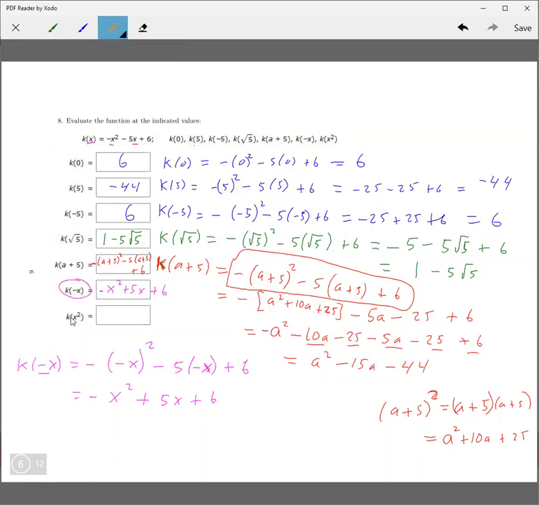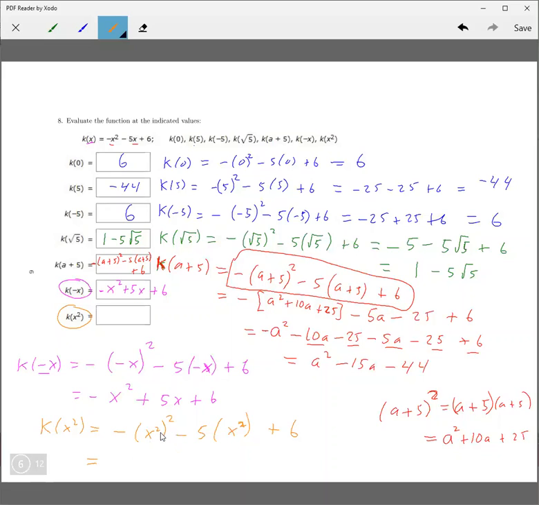Okay, let's go with this last one. K of x squared. Here the x is replaced with an x squared. So again, just follow the instructions and replace these other x's with what this x was replaced with.